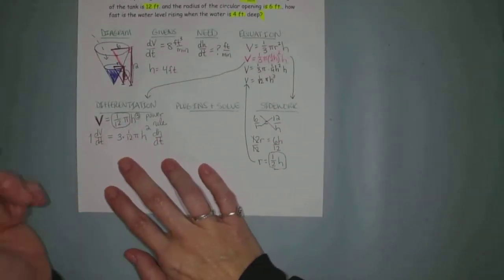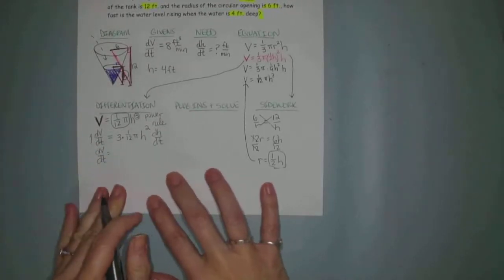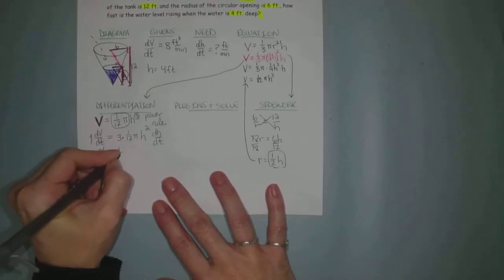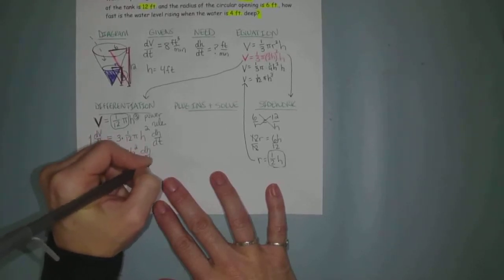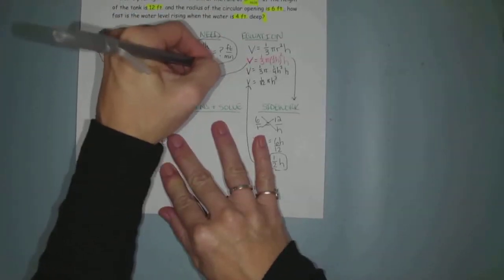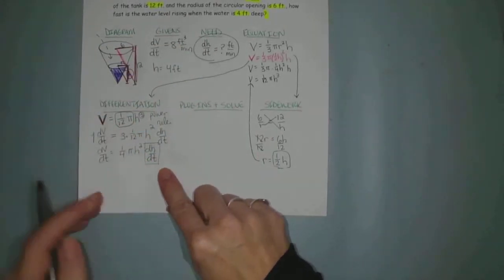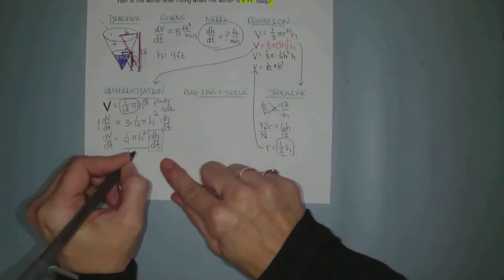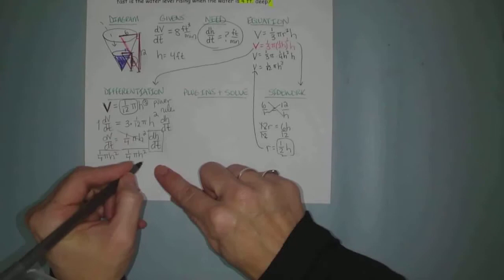Okay, so cleaning this up, 1 times dV dt is just dV dt. And I can take 3 times 1/12, that's 3/12 or 1/4 pi h squared dH dt. All right, and then when I look at what I need, since I need dH dt, I'm going to go ahead and finish this and solve this equation for dH dt, which means I'm going to have to divide both sides by 1/4 pi h squared, which will cancel those out.